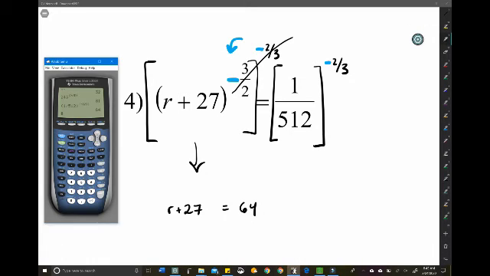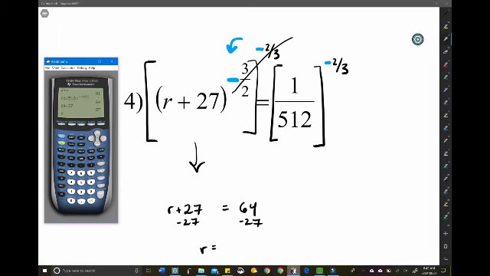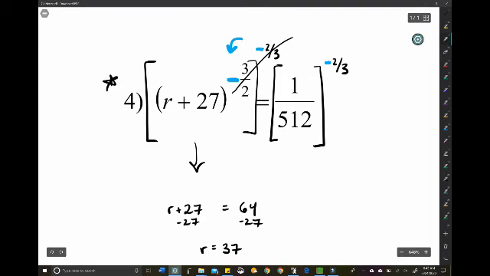Okay, might as well subtract 27 right from there. 64 minus 27, because we want to solve for r. And that just means our r is equal to 37. Boom, boom, boom, boom. So a little bit more involved. Really nothing too taxing, I don't think. Just remember, negatives, throw in that negative exponent.